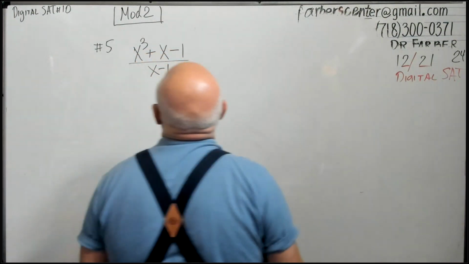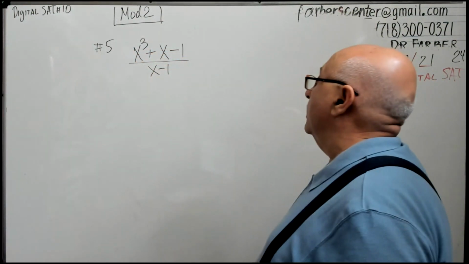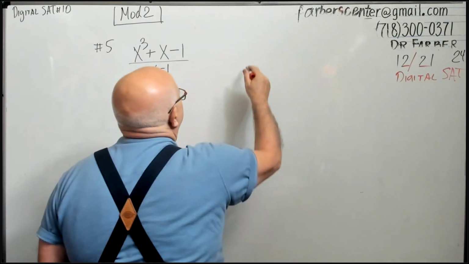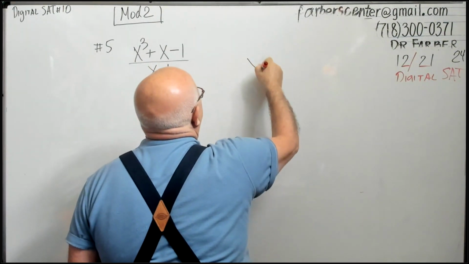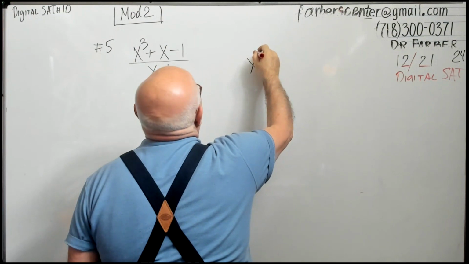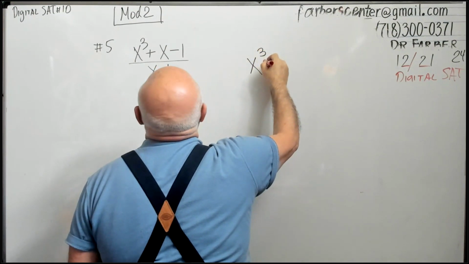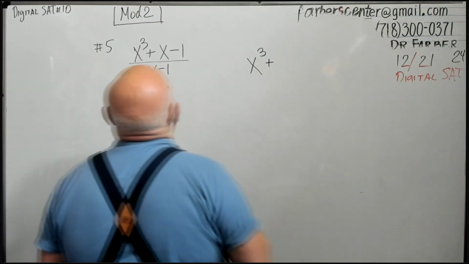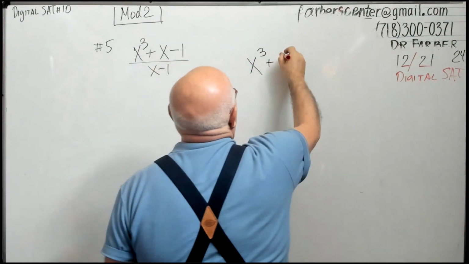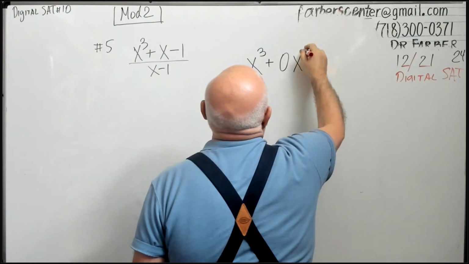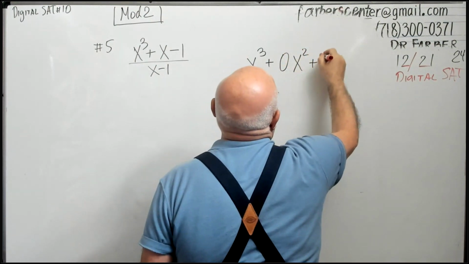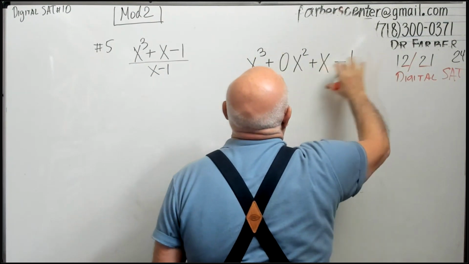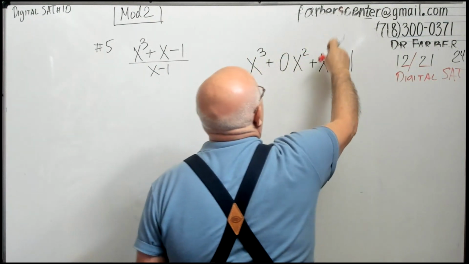It's a fraction where you're supposed to divide the numerator by the denominator. Let's do it like you did in school. X to the third plus 0x to the second plus x and minus 1. Complete it like a chain: powers 3, 2, 1, 0.